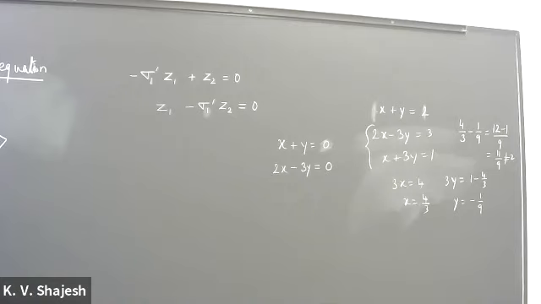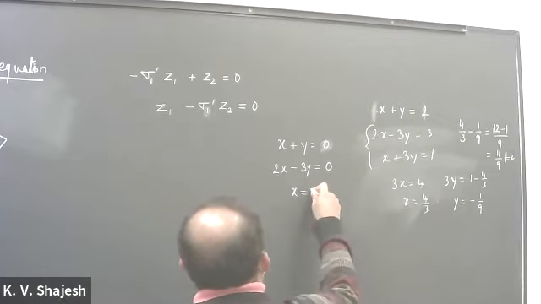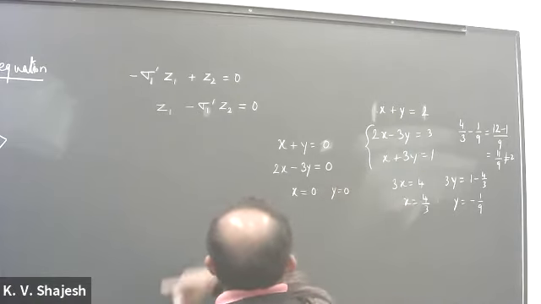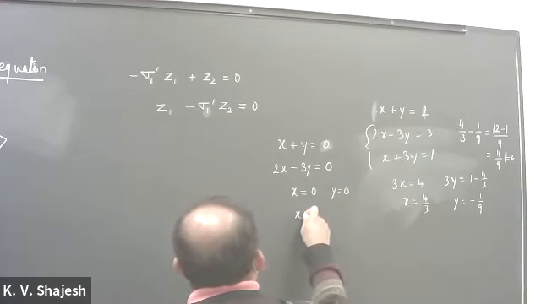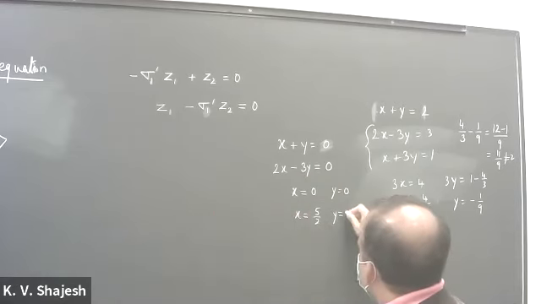Johnny says x is equal to 0, y is equal to 0. And Bhiyan says x is equal to 5 by 2 and y is equal to minus 5 by 2.